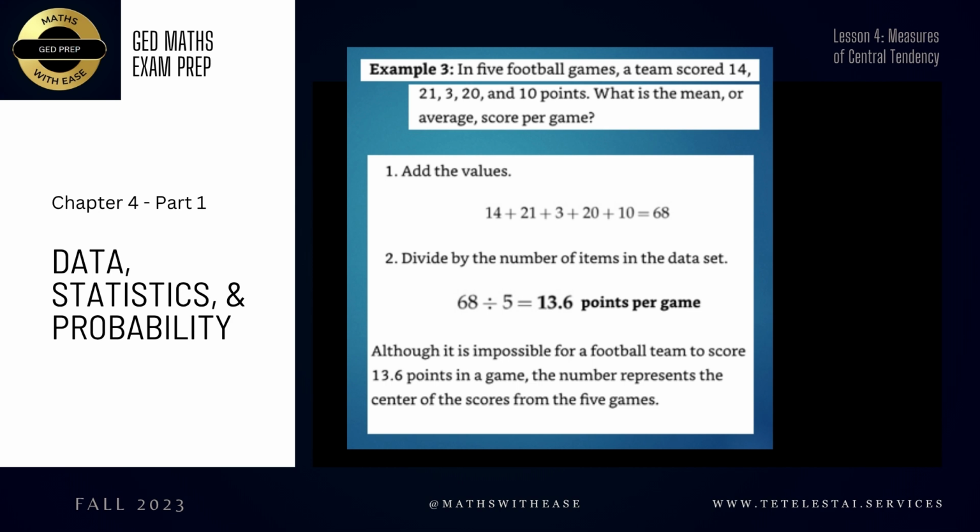So in order to accurately represent the team's scores so that you can be telling that potential client the truth, you would add the points per game. So 14 plus 21 plus 3 plus 20 plus 10. And then you would divide that sum, which in this case is 68, by the number of games that your team played, which is 5, as told to us in the question, okay?